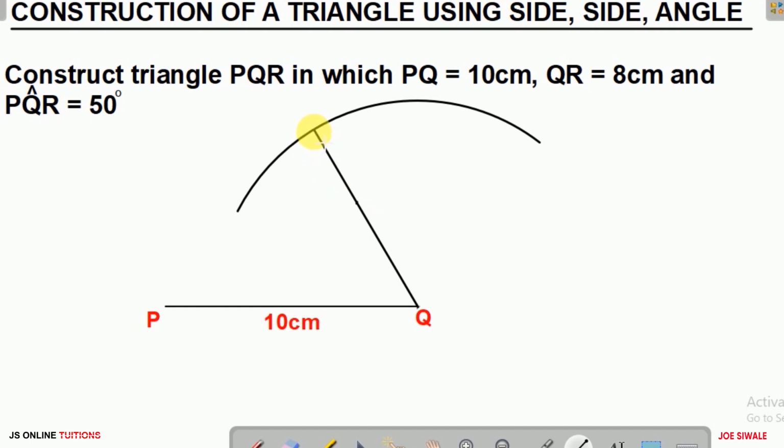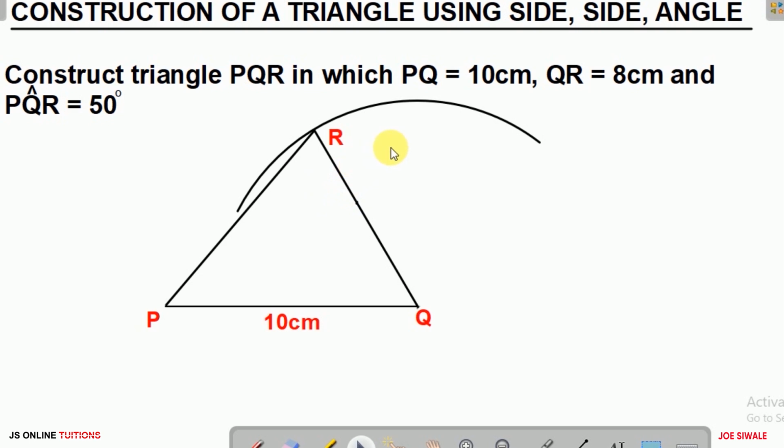After we do that, then we can connect to P. Then we can indicate our R there. So we have constructed our triangle PQR, and in this case we are given a side of 10 centimeters. We are given an angle at Q as 50 degrees.